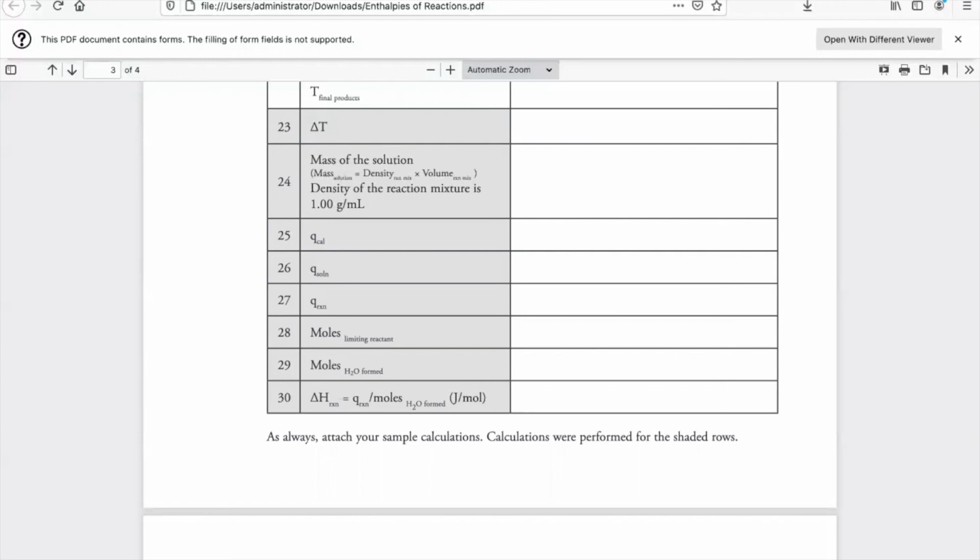Line 29, the number of moles of H2O produced: use the stoichiometry from the balanced equation. And lastly, the change in enthalpy of reaction is the Q for the reaction, line 27, all over the moles of H2O produced, which is line 29.